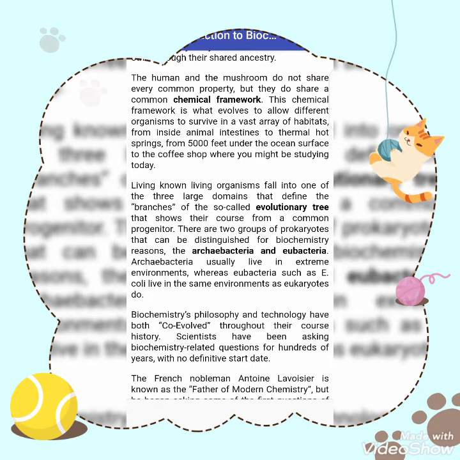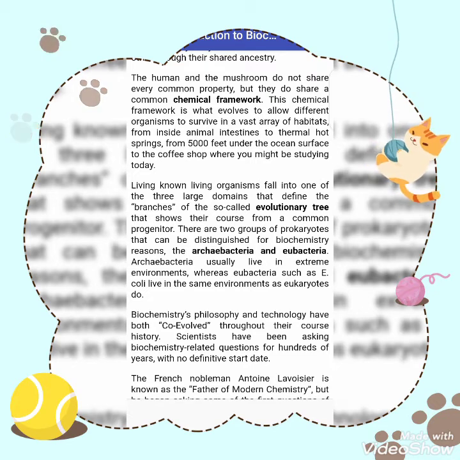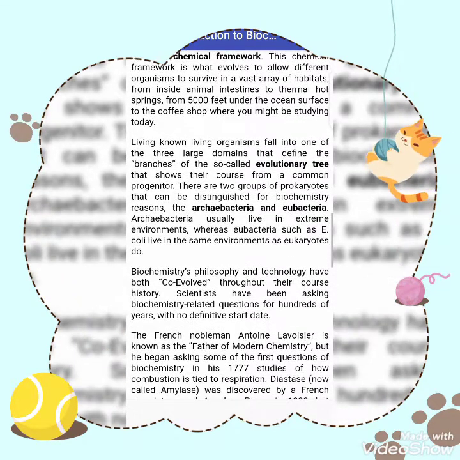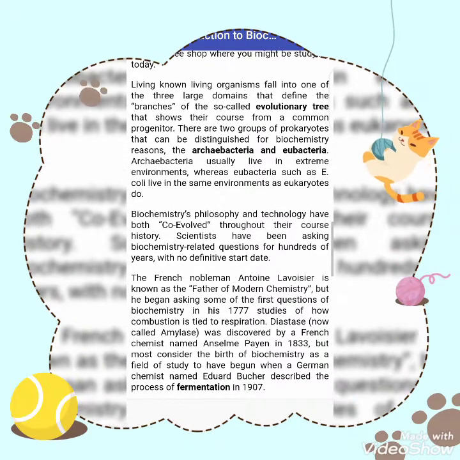There are two groups of prokaryotes that can be distinguished for biochemical reasons: the archaeobacteria and eubacteria. Archaeobacteria usually live in extreme environments, whereas eubacteria such as E. coli live in the same environment as eukaryotes do.